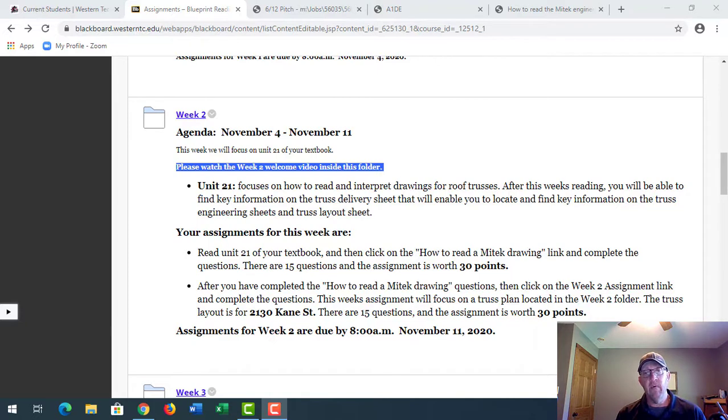The second part of the assignment is interpreting a plan for a property located at 2130 Kane Street. Those plans are inside this folder, and there are also going to be some questions on that particular property.